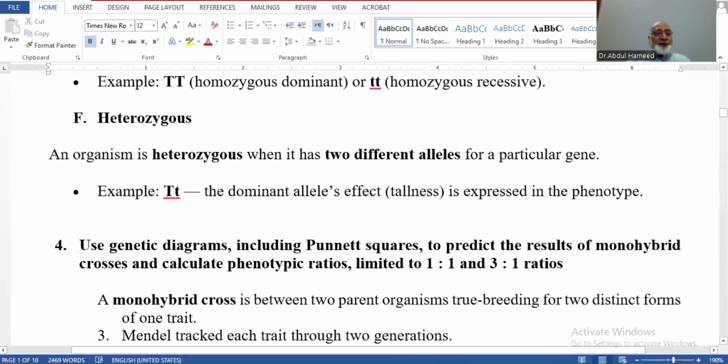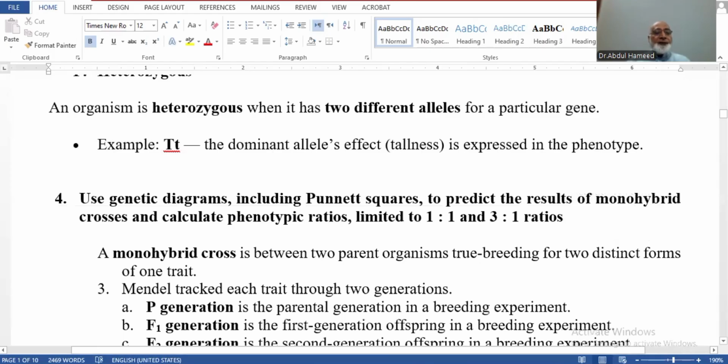Then the fourth subtopic is to use the genetic diagram including Punnett square to predict the results of monohybrid crosses and to calculate the phenotypic ratio, and only the 1:1 ratio and 3:1 ratio are required, not dihybrid cross, not trihybrid cross.